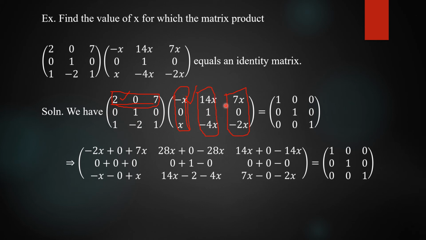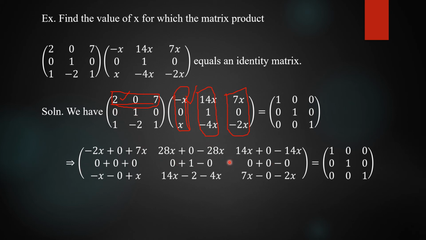So 0 into 14x is 0, 1 into 1 is plus 1, 0 into minus 4x is minus 0. Then this time take the product of this row with this column: 0 into 7x is 0, 1 into 0 is 0, then 0 into minus 2x is again 0.